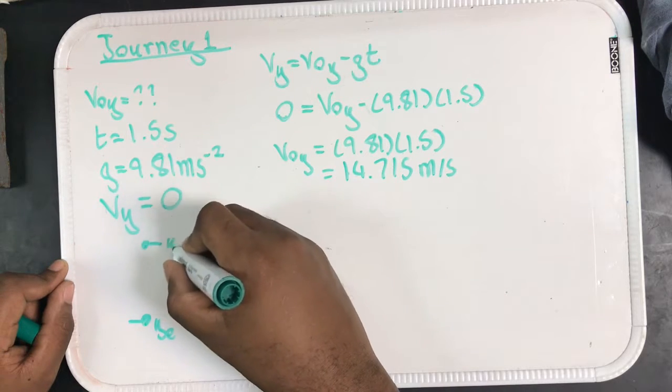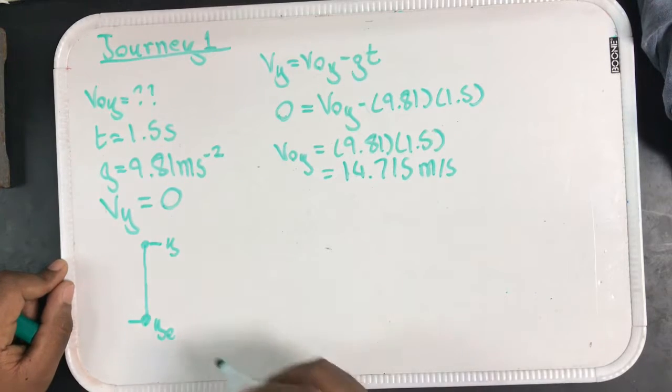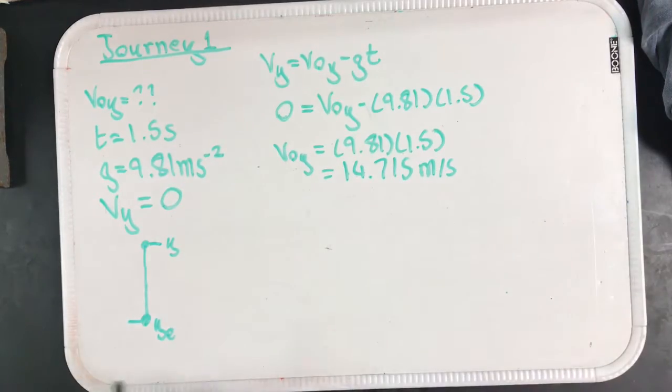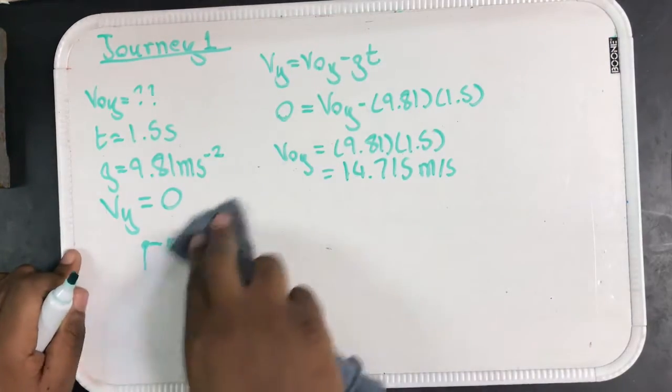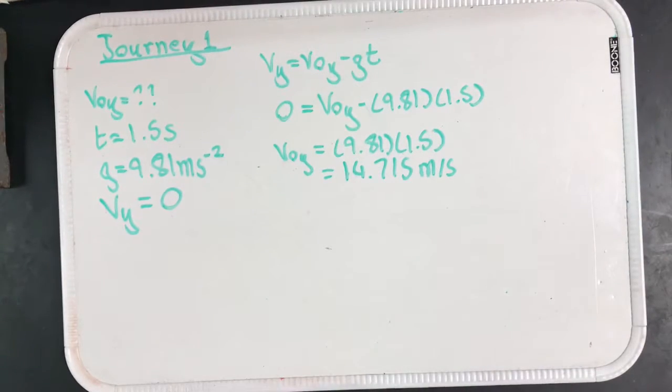And up here, this will be y. This is the highest the ball goes, and this is our change in displacement. So they want to know, how far does the ball travel in 1.5 seconds? We may not even need to draw this, because we know that the distance traveled in 1.5 seconds is, in fact, the maximum height of the object. That is given.